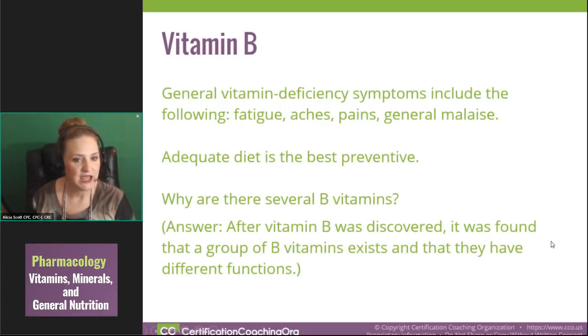Vitamin B. Vitamin B, there are several. That's probably the largest grouping. If you have a deficiency in vitamin B, you're going to be tired. Your muscles are going to ache, and you're going to have pain. And malaise means to just feel fatigued and tired.